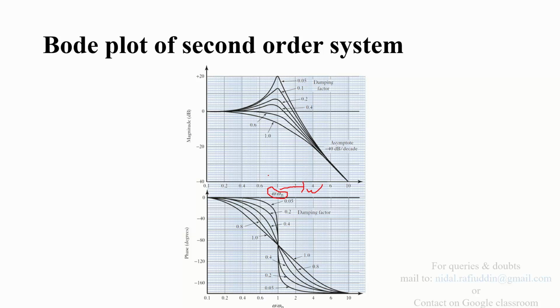If you plot this curve with the x-axis as omega by omega n, then this line will be 1, as shown here. But if you plot this curve for omega only, then instead of writing 1 here, you will be writing omega n. So when omega is equal to omega n, you are going to have these curves taking a turn like this.